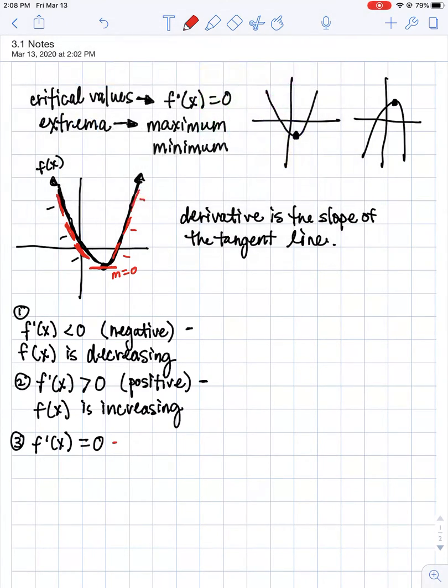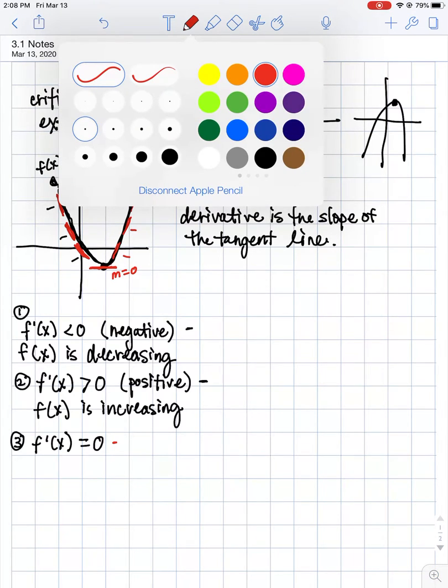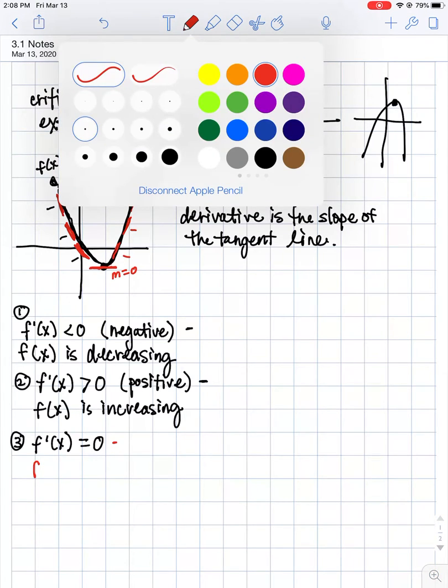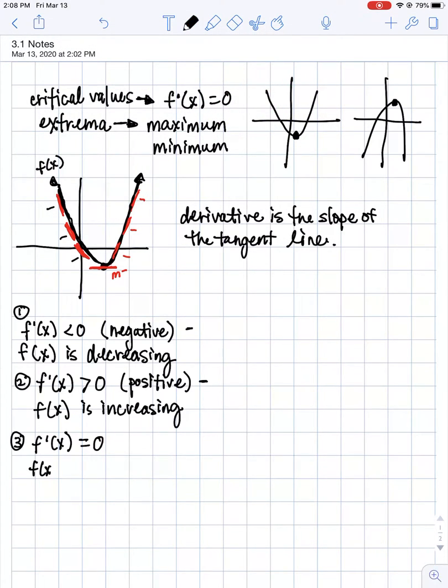So hopefully you realize, gang, that if the derivative equals 0, then f of x is going to be a maximum or a minimum. And again, using the new word, it's going to be an extrema. And extrema happen at critical values. Those are the two words that I talked about earlier.